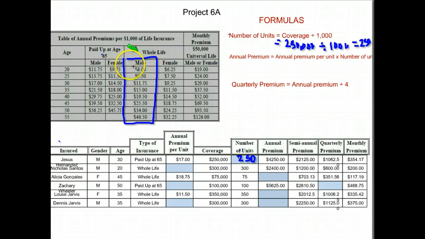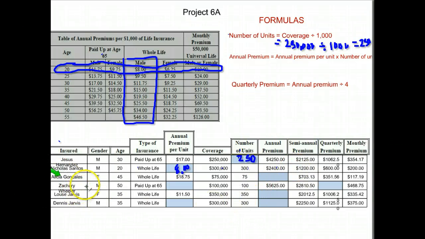Then you go over and find his age. His age was 20. So we're going to be looking at this row right here, and we want where those two things come together. Male, whole life insurance at age 20 is $8. So I would put $8 right there. And notice everything else is calculated for me for that person.